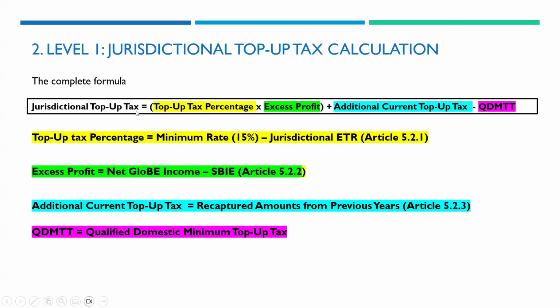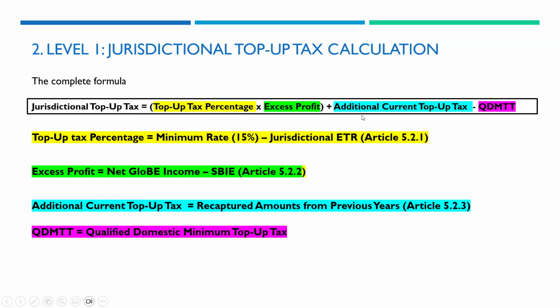Okay. So this is the top-up tax that is available for IIR and UTPR and other calculations. Again, what is the top-up tax percentage? How do you get that? Minimum rate minus jurisdictional ETR into excess profits. So what is my net GloBE income minus my substance-based income exclusions, plus any recaptured amounts from previous years.